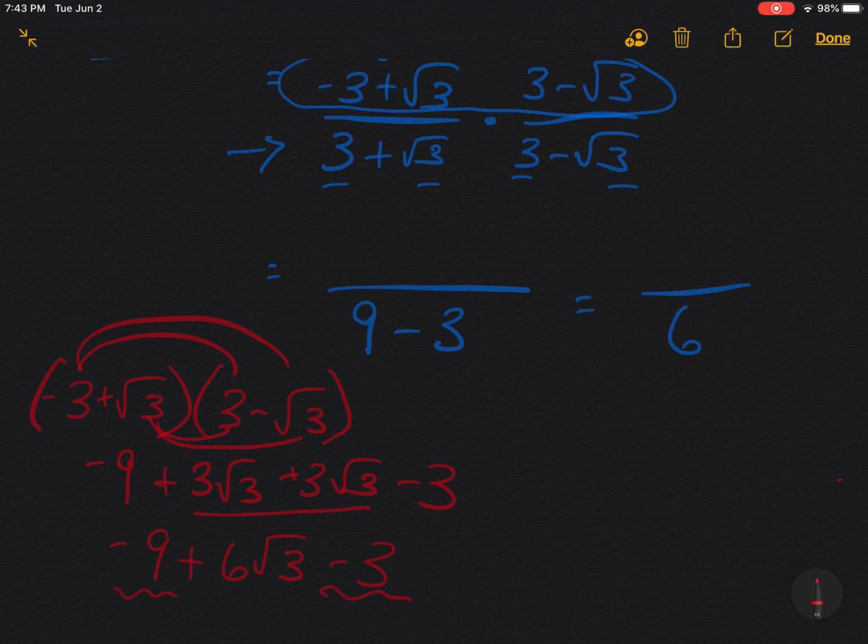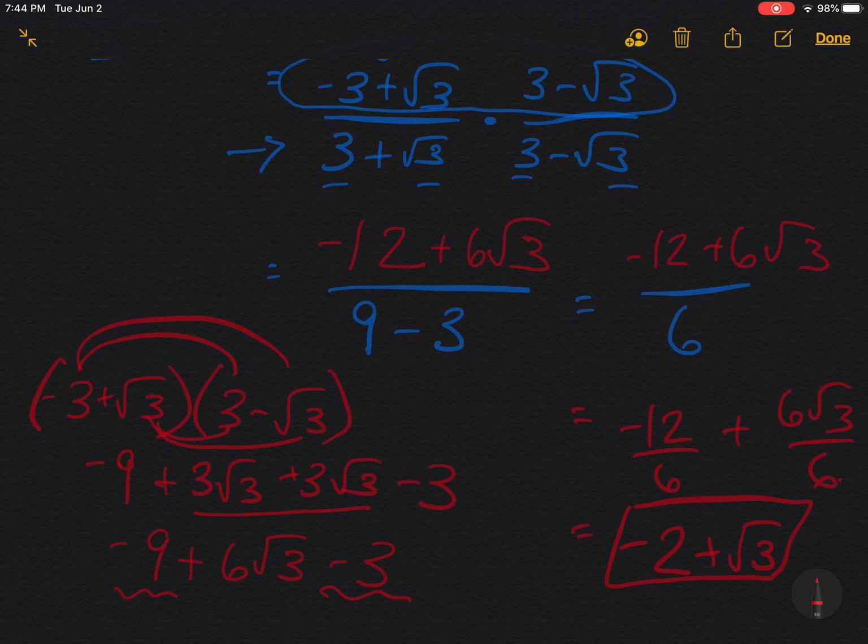And then I have more like terms, so in the end, that would turn into -12 plus 6 square root of 3. Now, in order to reduce this fraction, I would separate that. So that'd be -12 over 6 plus 6 square root of 3 over 6. And that would be -2 plus square root of 3. I can't factor anything out to simplify that, so that is my final answer.